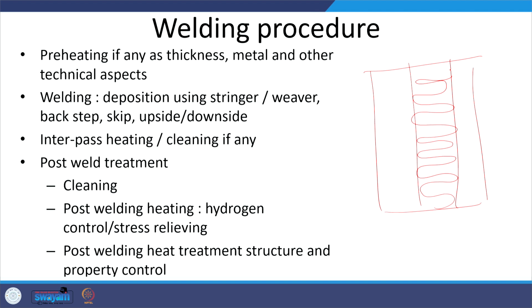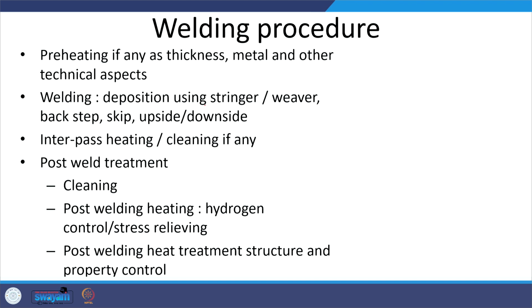This is one way; second, there can be multiple patterns like this. This way we are able to deliver more heat, so basically the heat input is enhanced. So, it is a stringer bead when it is moved in one line, or a weaver bead when it is moved laterally also.